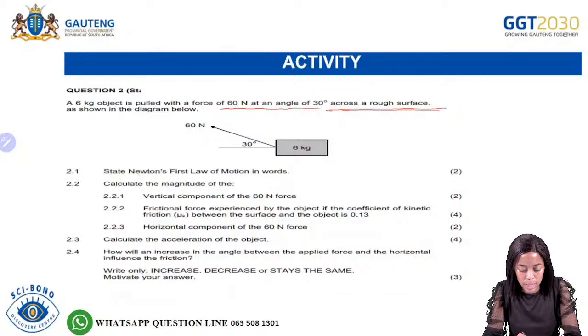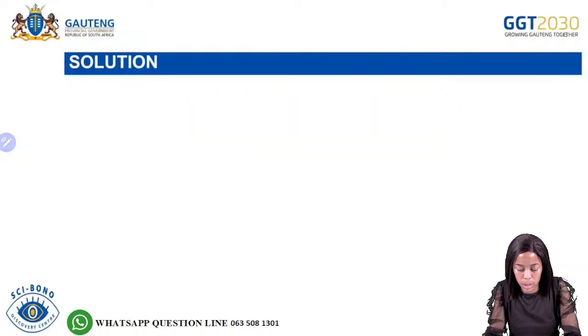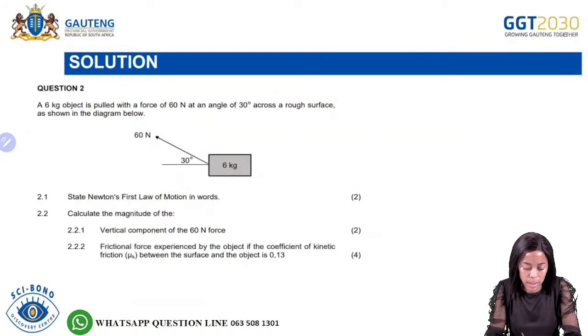So 2.1 says here, state Newton's first law of motion in words. Okay, let me just move on to the other slide. So we are given a 6 kilogram object, and then it says it is pulled with a force of 60 Newton.